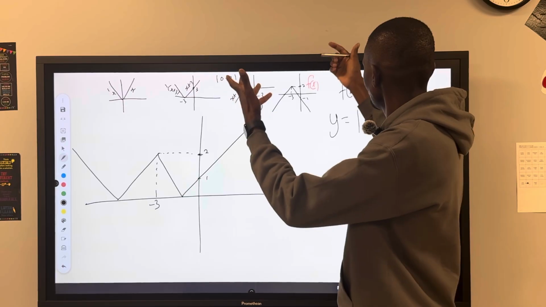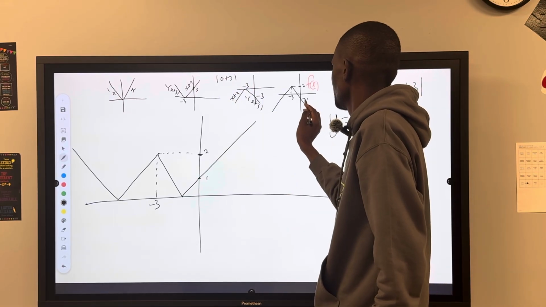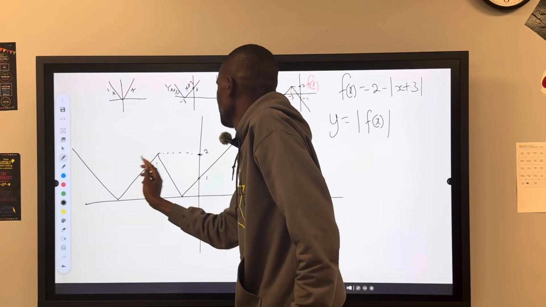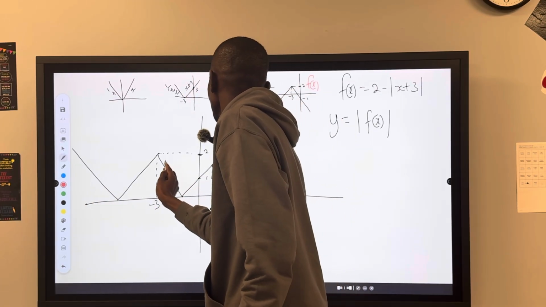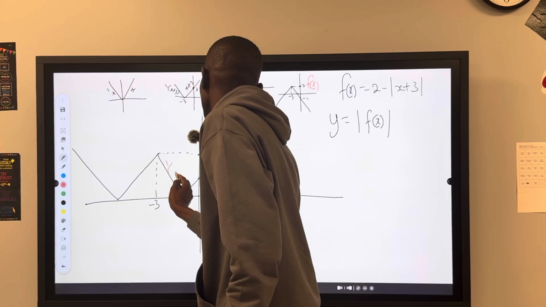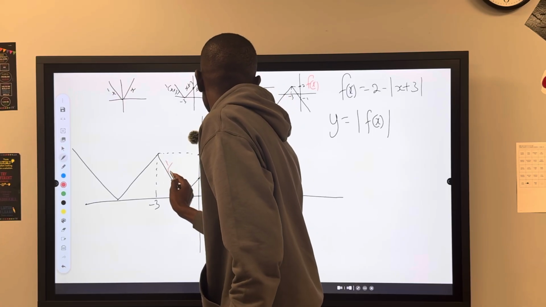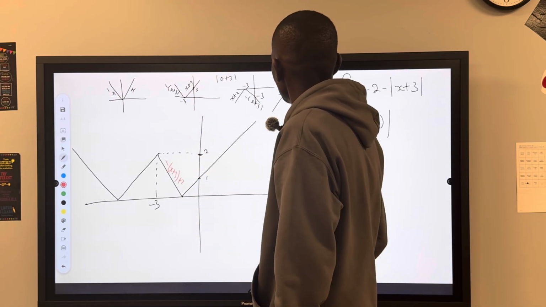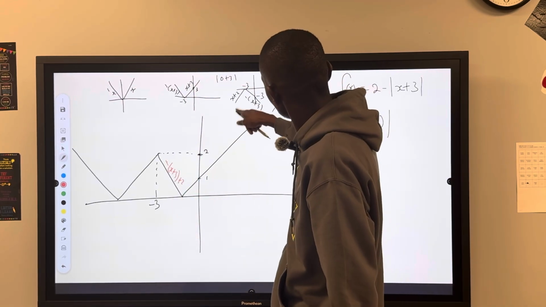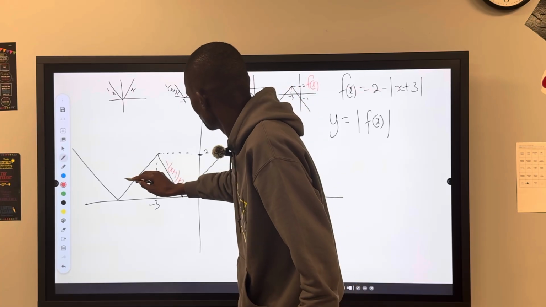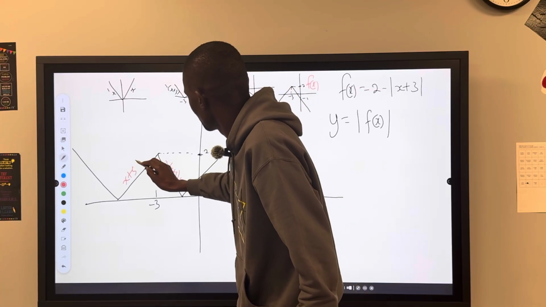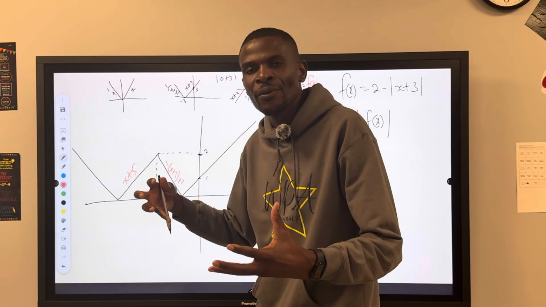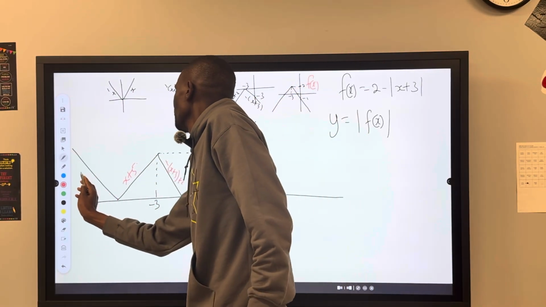Then when we shift there, this part was negative of x plus 3 plus 2, right? And this part here was x plus 3 plus 2, which is just x plus 5. But remember, when we reflect the x plus 5 line, we multiply by a negative.